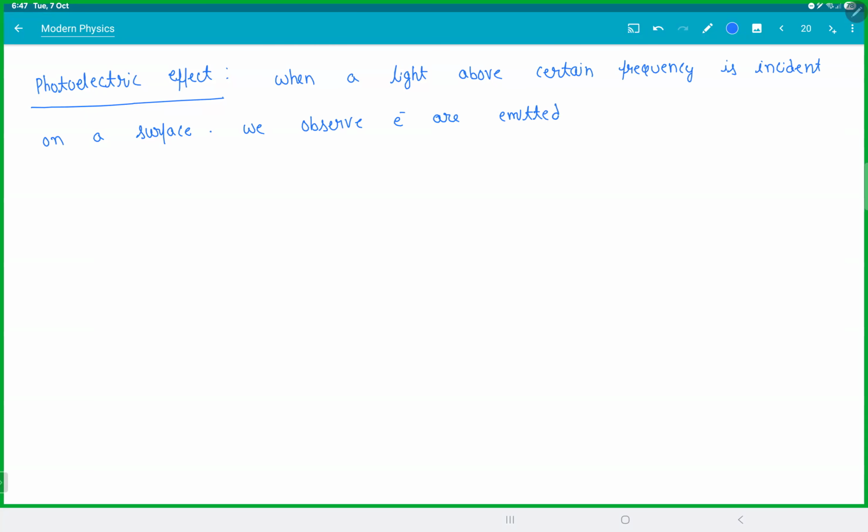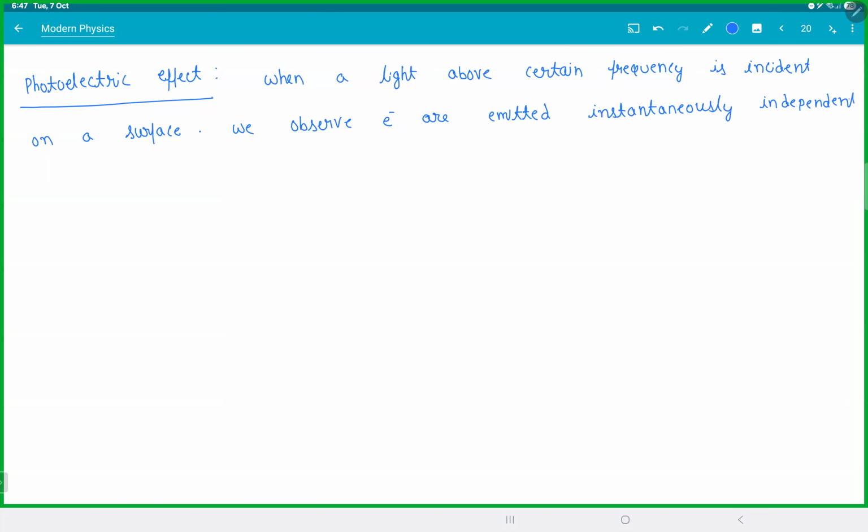There's no time delay. Independent of intensity. We'll talk about that. It doesn't matter how bright the light is. It only depends on the frequency. These are called photoelectrons. Photo, basically light-based electrons. And the effect is called photoelectric effect.